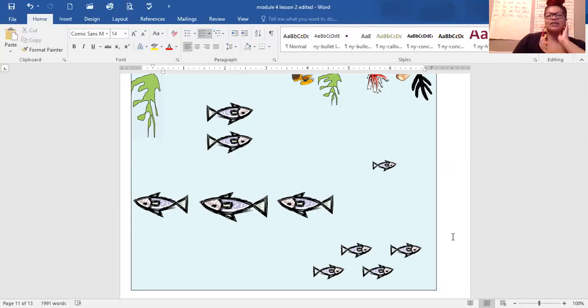All right. Now, let's look at this group of fish. We have bigger and biggest, okay? So how many bigger fish do we have? Which are these? We have 2. And then how many biggest fish do we have?